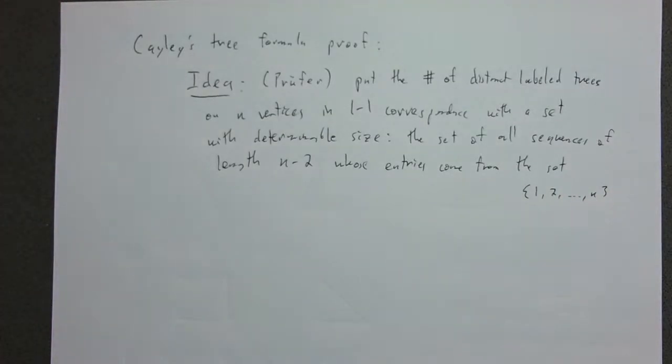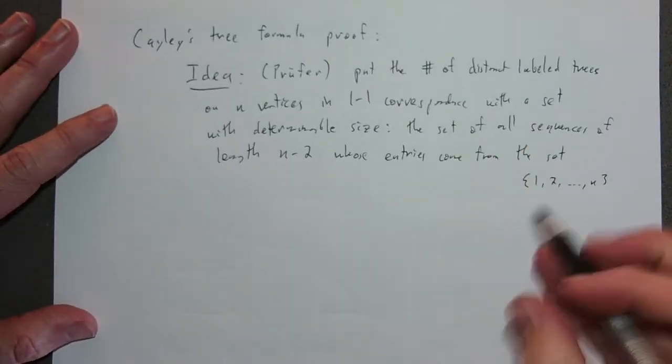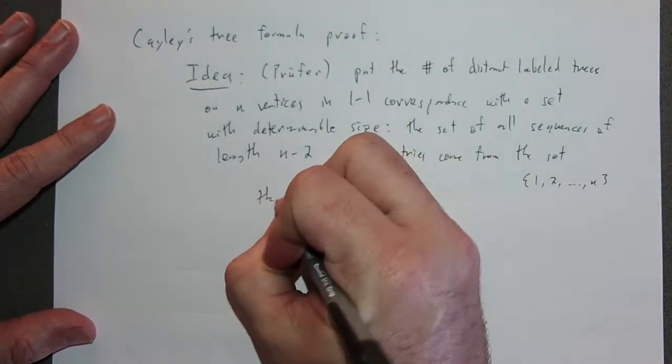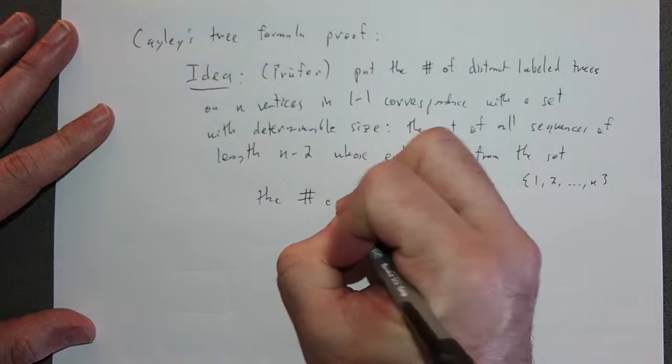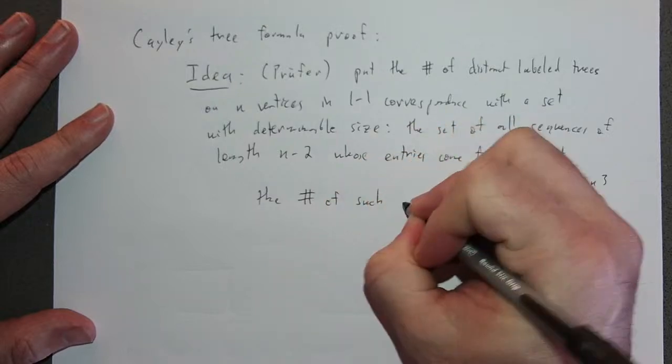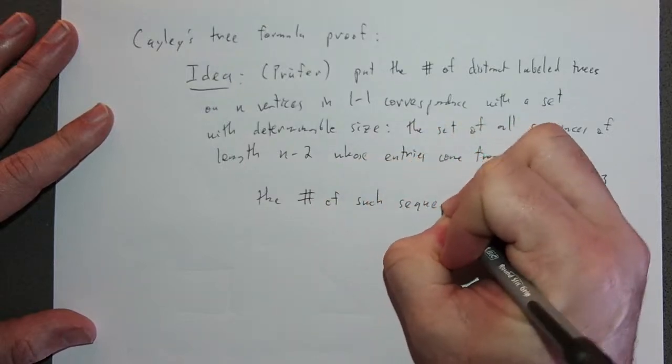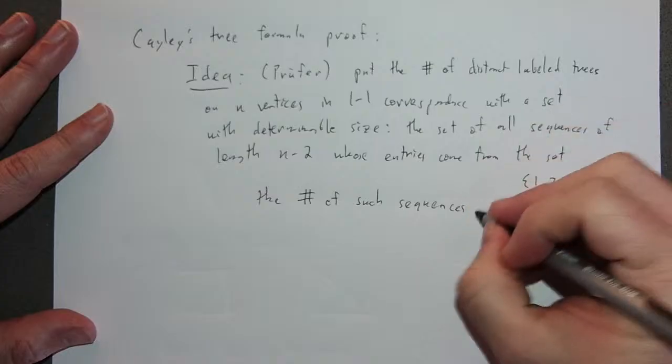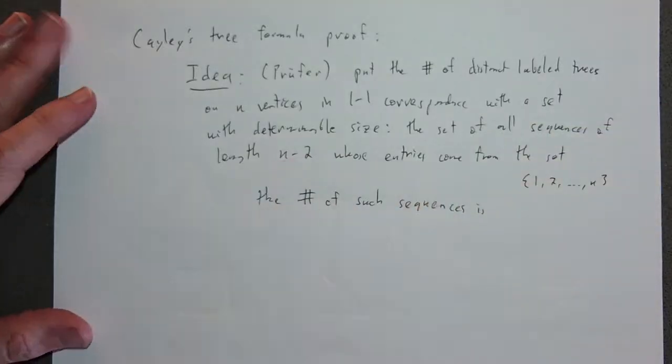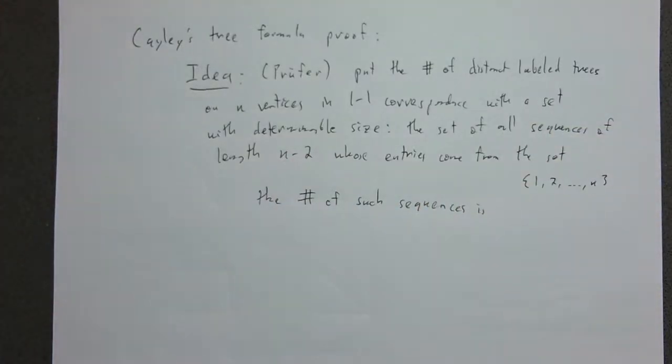Now, obviously, you don't have to use numbers to label them. It doesn't matter. The point is that the cardinality of the set they come from is n. So the number of such sequences, this is like your counting 101, the multiplication rule.